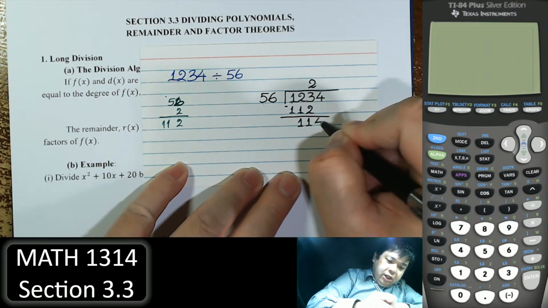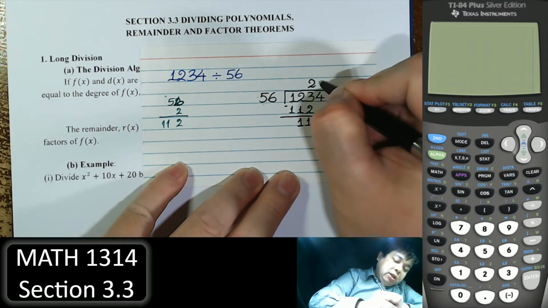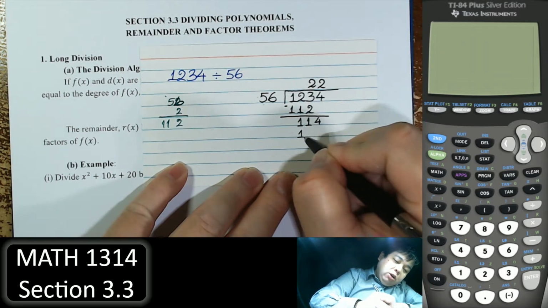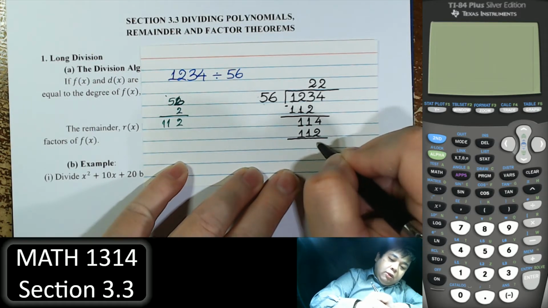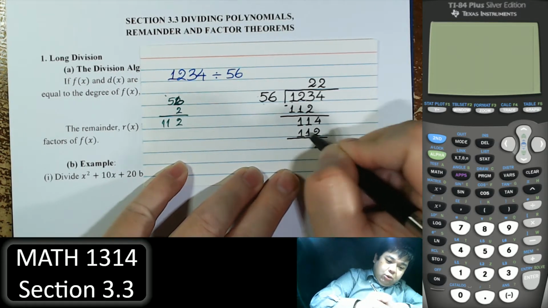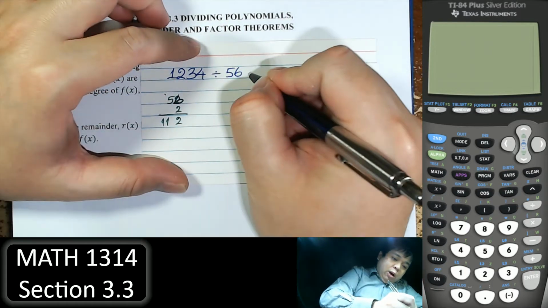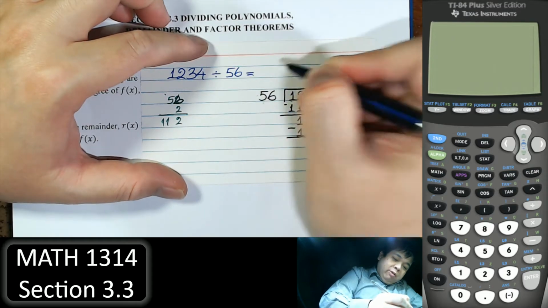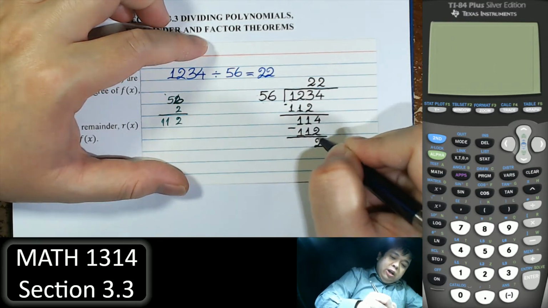And then 114. 56 again goes into 114 2 times, and that is also 112, and we subtract, that will be 2. So 1234 divided by 56 is 22 times, and 2 here is the remainder.